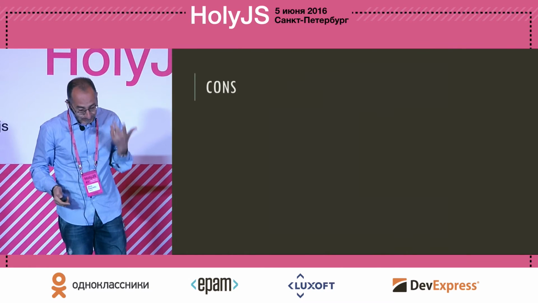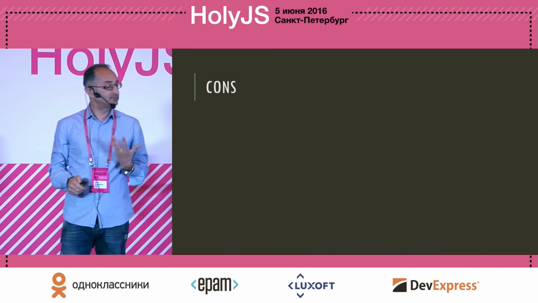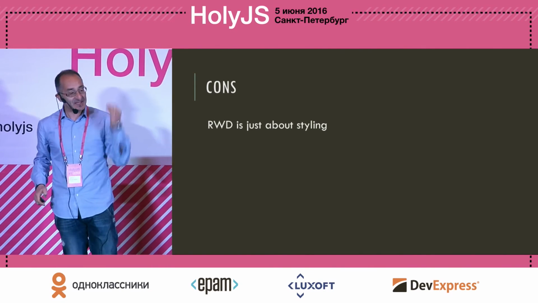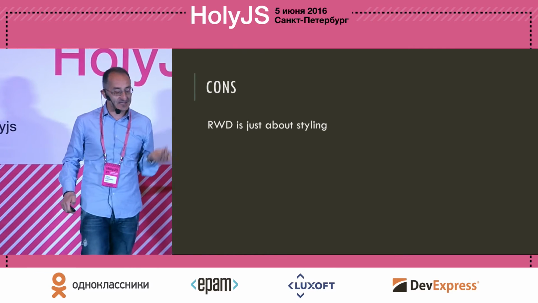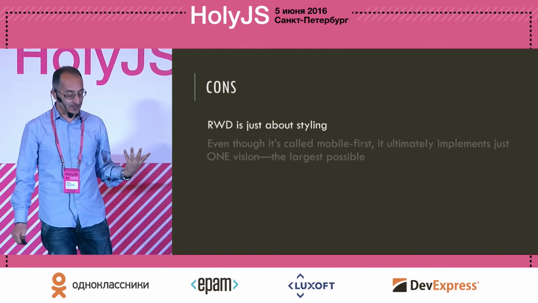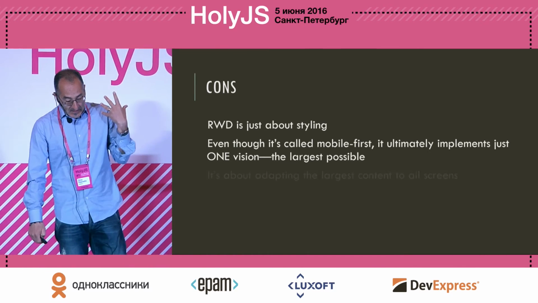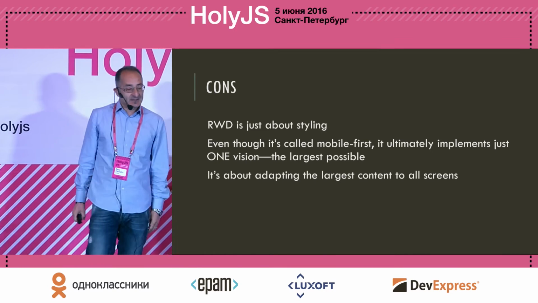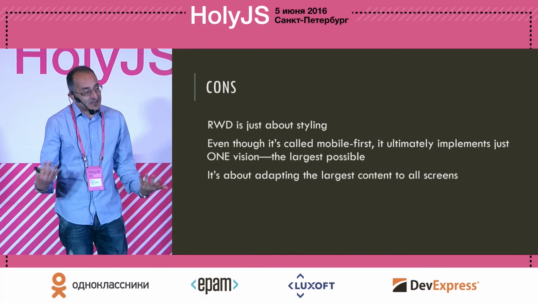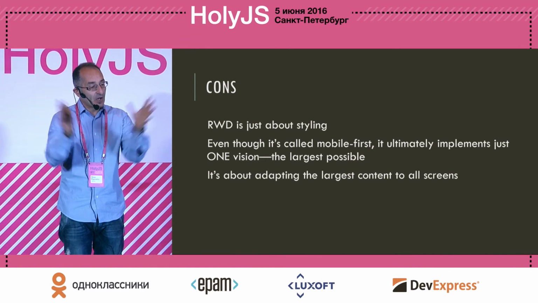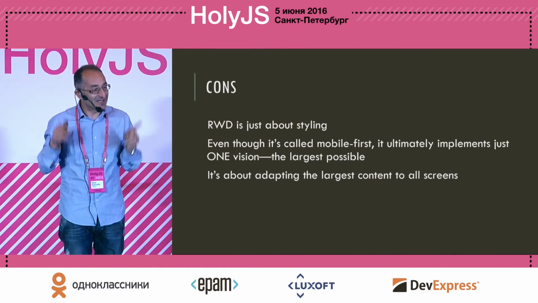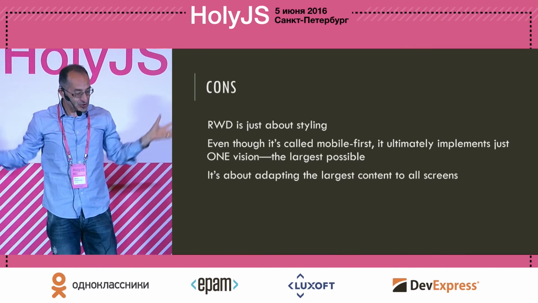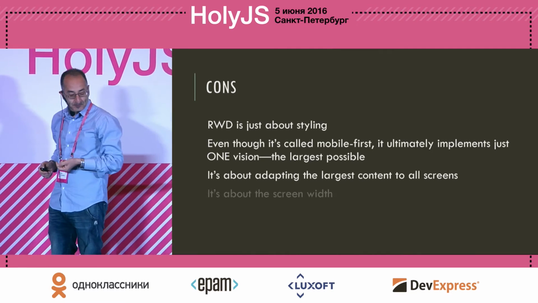Because the con of responsive web design is that it is exclusively about styling. And even though it's called mobile first, it ultimately implements one vision of data for the largest possible device. And you download the info related to populating the largest possible scenario.